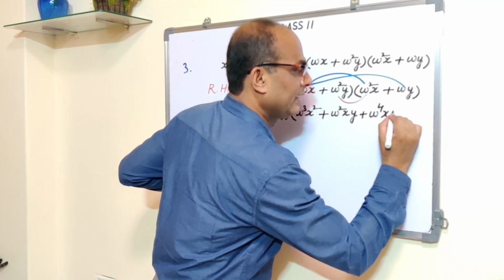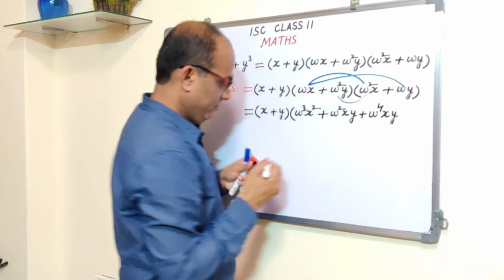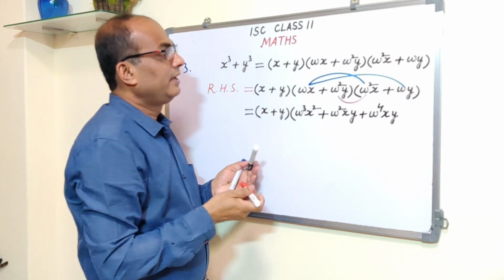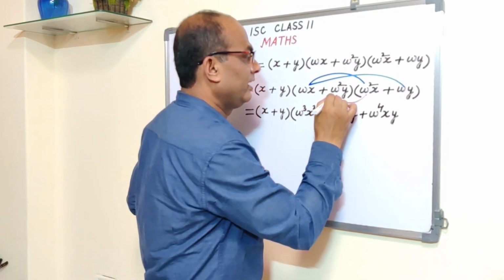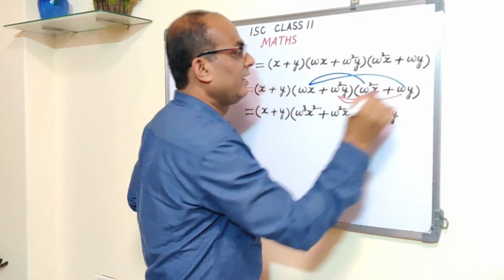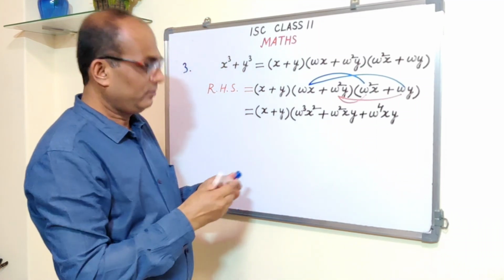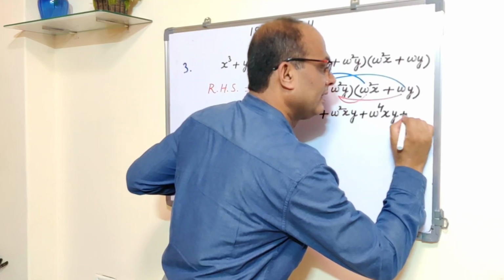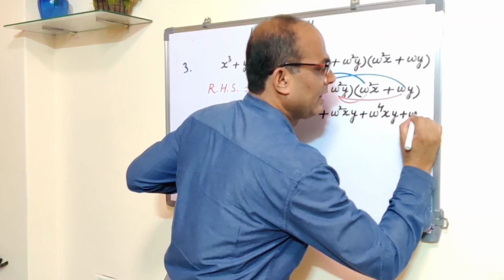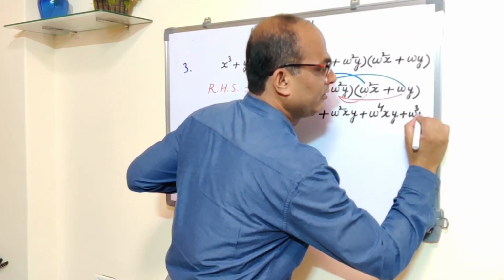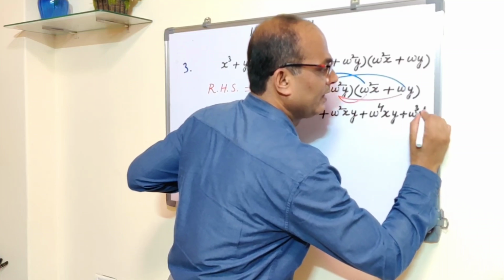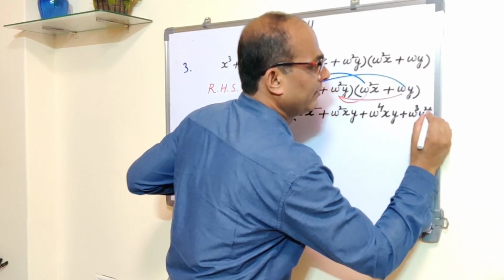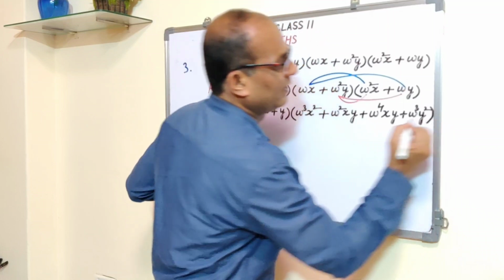And when we multiply the same omega square y with this, we get omega cube y square plus omega cube y square, bracket close.